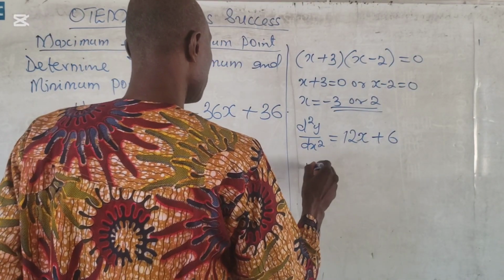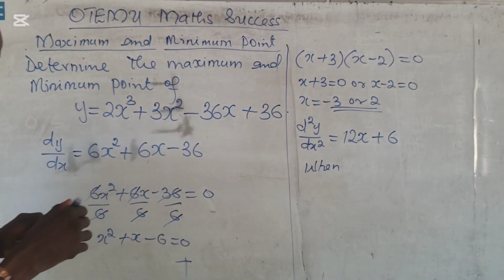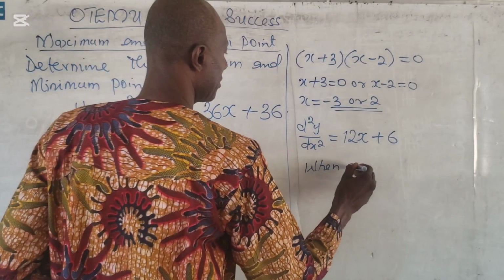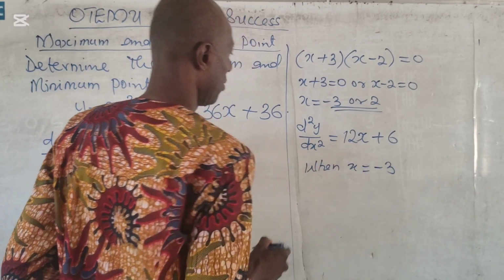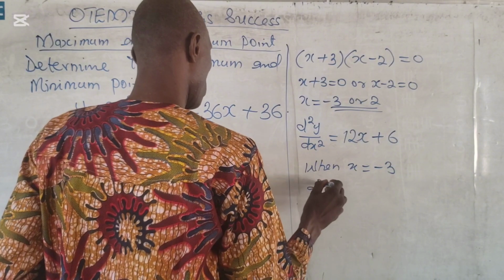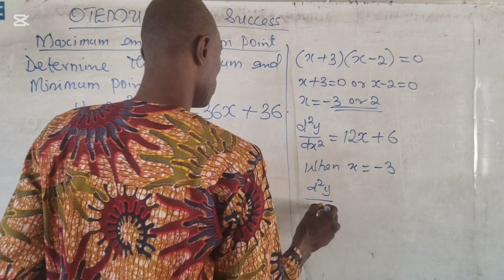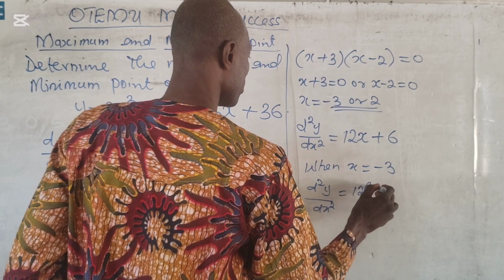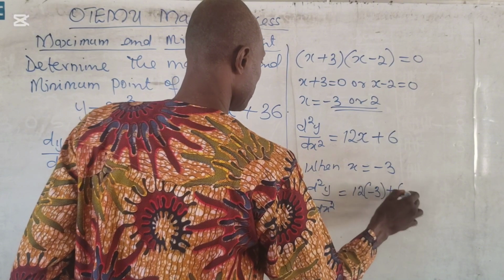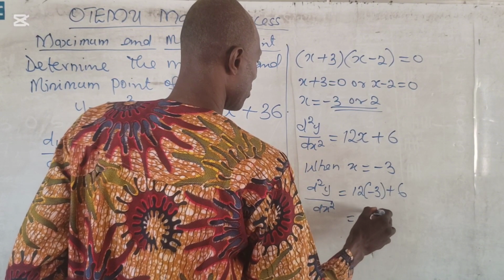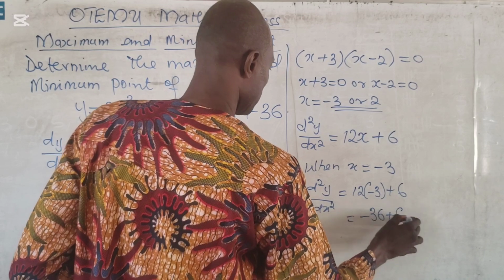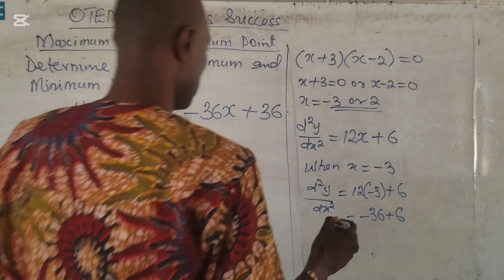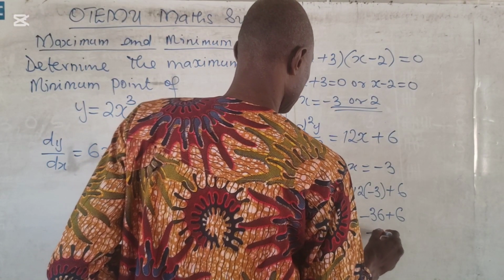we want to put it down when the value of x is equal to minus 3. So we put it into this expression. So d square y over dx square is equal to 12 bracket minus 3 plus 6. Now, this will give us minus 36 plus 6, which is equal to minus 30.